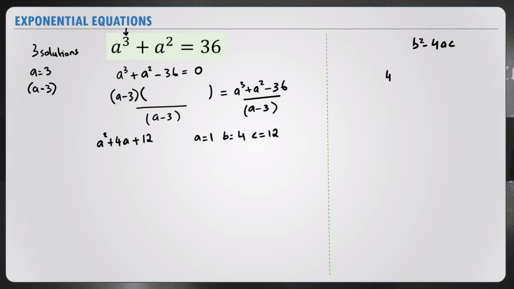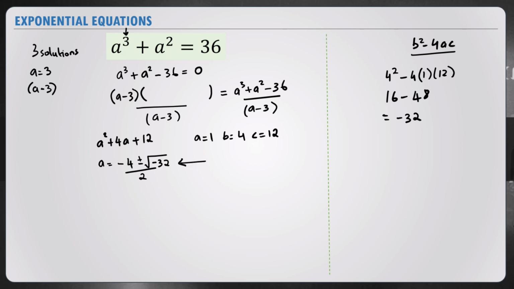Here b is 4 squared minus 4 into 1 into 12, which gives me 16 minus 48, which gives me negative 32. So a will be equal to negative b, which is negative 4, plus or minus the square root of negative 32 over 2a, which is 2.